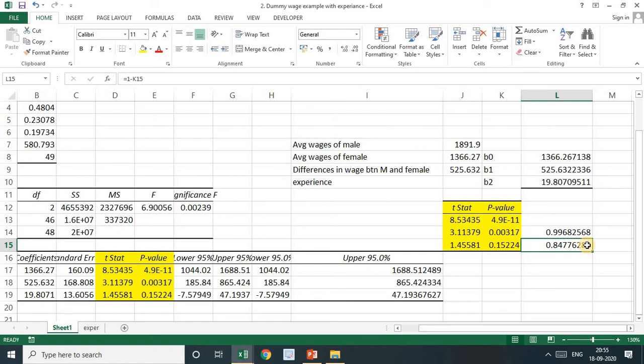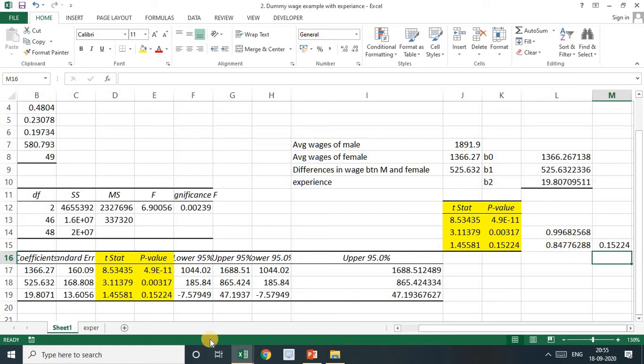That is rejected only at 84%. If you take 1 minus this, it is around 15%. We are not confident about it.